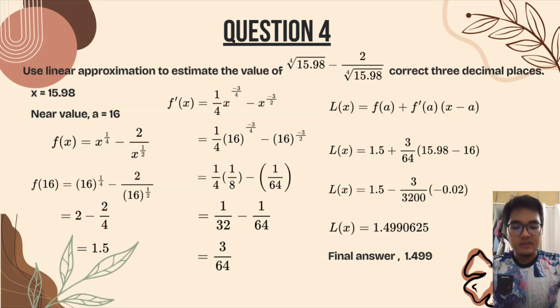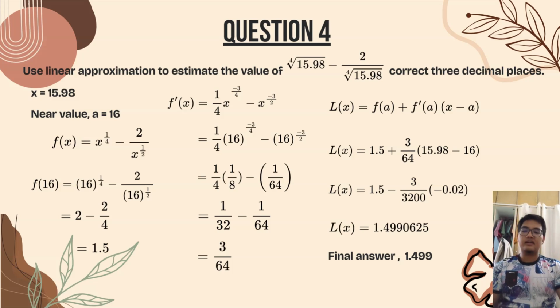We can see from the equation that 15.98 is near a value of 16. So we can conclude that we can use 16 for the nearby value to estimate the approximation. So first of all, we need to find f(16).